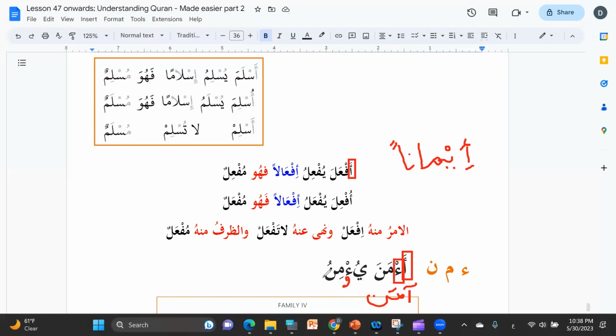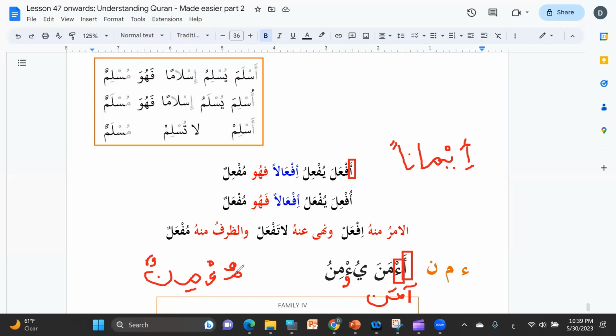So yu'minu, a'mana, yu'minu, imanan, fahuwa muf'il. Let's see what happens with ism fa'il. Muf'ilun. Mu from the pattern, then fa kalma, which is hamza, and then ain kalma, which is mim, and then noon with tanween. So mu'minun.